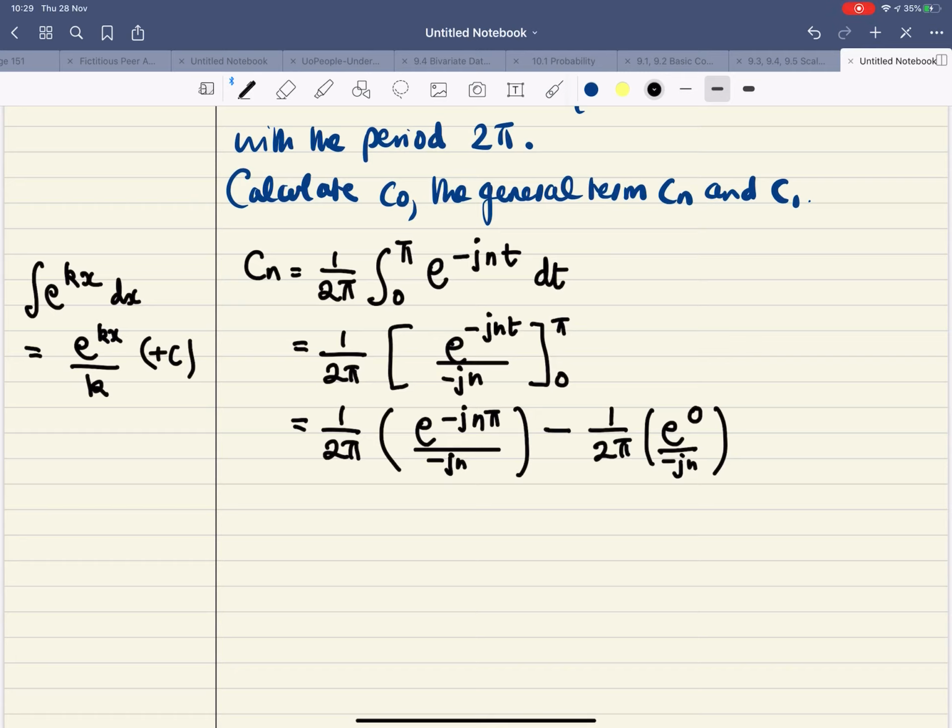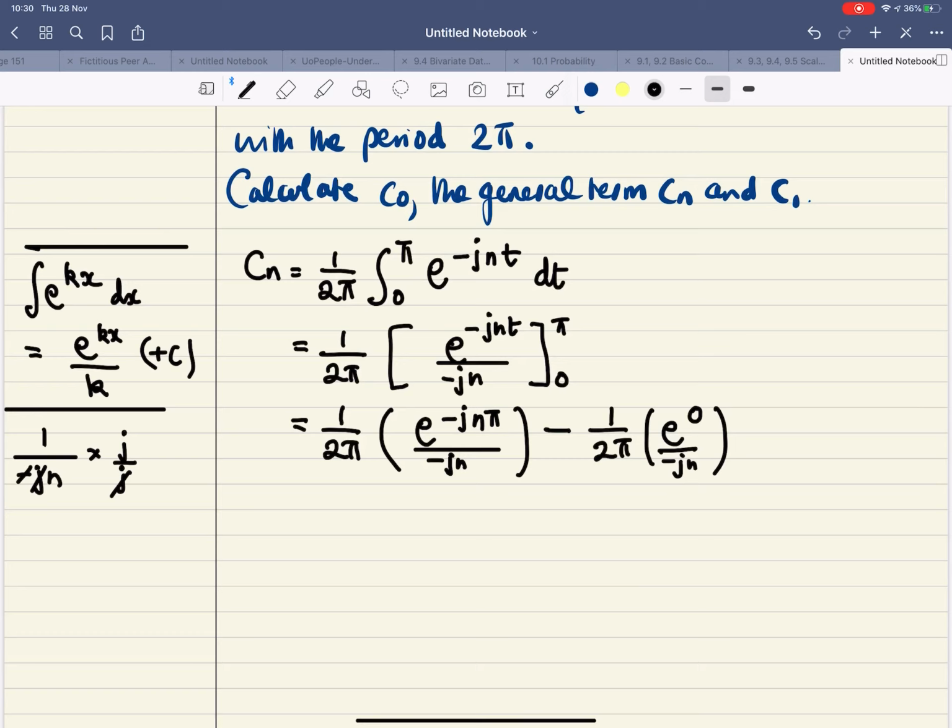Just trying to think of the best way to proceed here. At this stage, the aside here, if you've got something divided by minus jn, as we've got here, you can multiply top and bottom by j, and then the j squareds make minus 1.